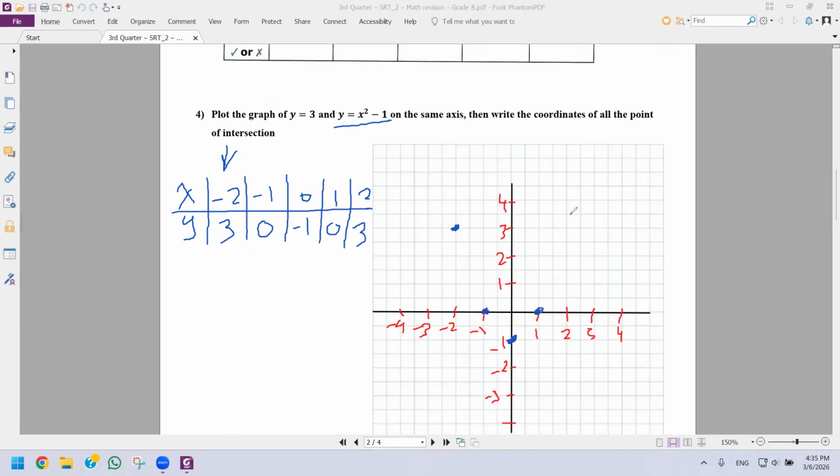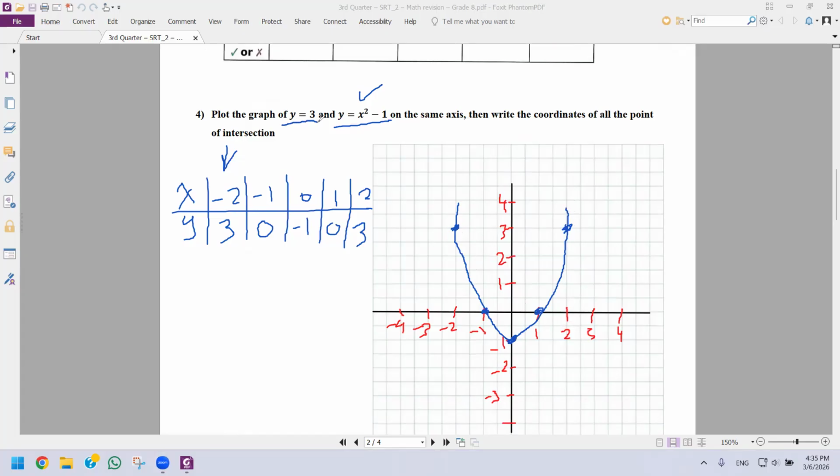And then x 2, y 3. As you can see, it's clear that it's symmetric. So this part is equal to that part. So it has to be curved and it should look like it's symmetric. Then we finished that line. Now we need to do that curve.